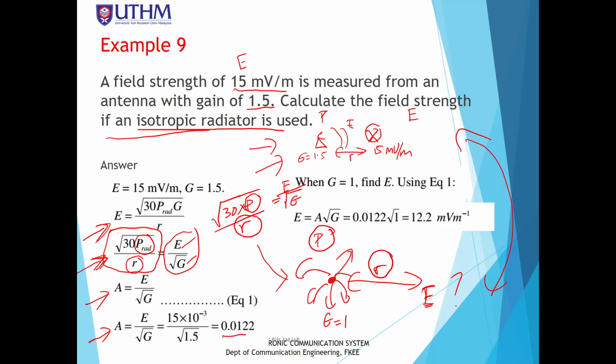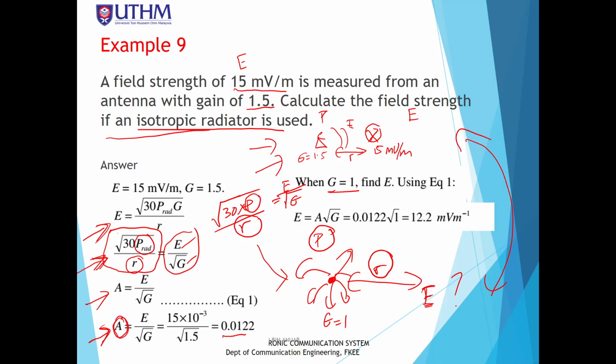So now, when we change to isotropic antenna, apabila kita tukar kepada isotropic antenna, the gain is equal to 1 and we want to find how much is E. Berapakah E field? So therefore, E is equal to A multiplied with square root of G. Apakah itu A?